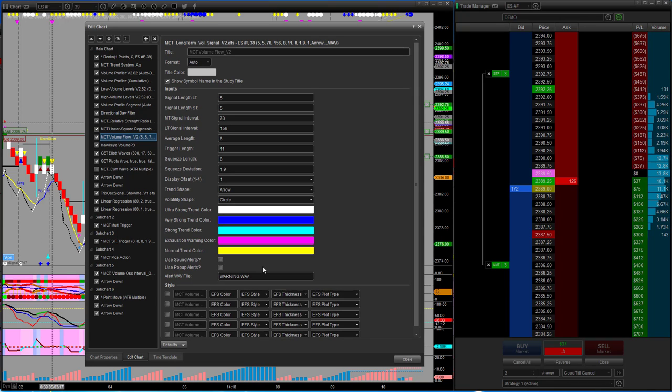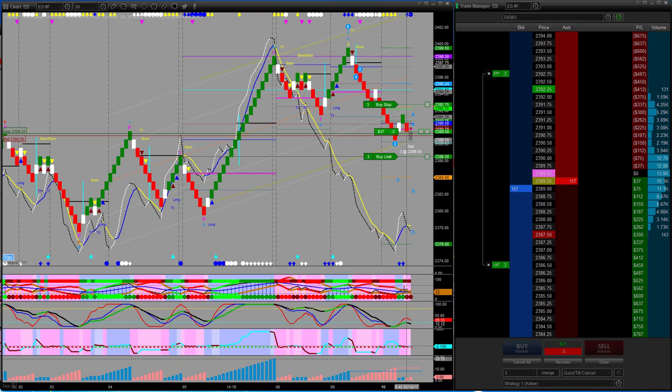Also, you can put on the sound alerts or the pop-up alerts, which will pop up in a separate window, warning you about the indicator triggering to the down or to the upside. And it's working very good for me because I believe in volume as one of the criteria that have to be present before I take any trade.